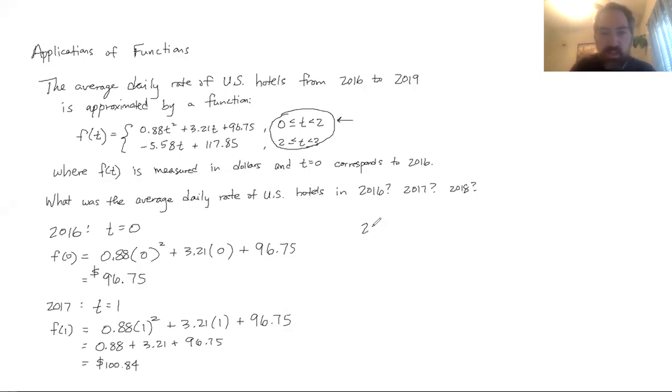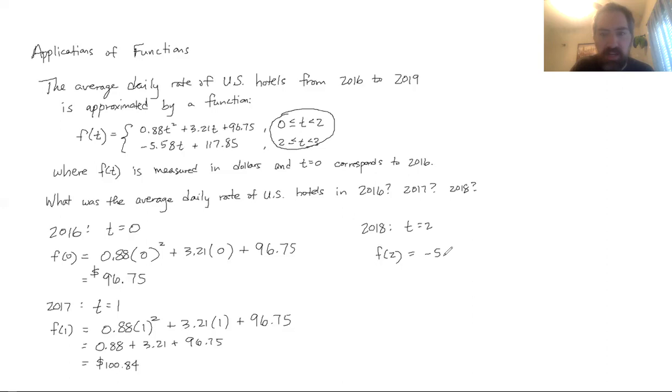All right, and then we will take a look at 2018. This will have t equal 2. We'll need to see where this falls for the restriction. t equal 2 is no longer in the first restriction, because the first restriction is between 0 and 2, but not including 2. All right, so for t equal 2, we'll need the second restriction. This is 2 less than or equal to t less than 3. So we will plug t equal 2 into the second piece, since it satisfies that restriction.